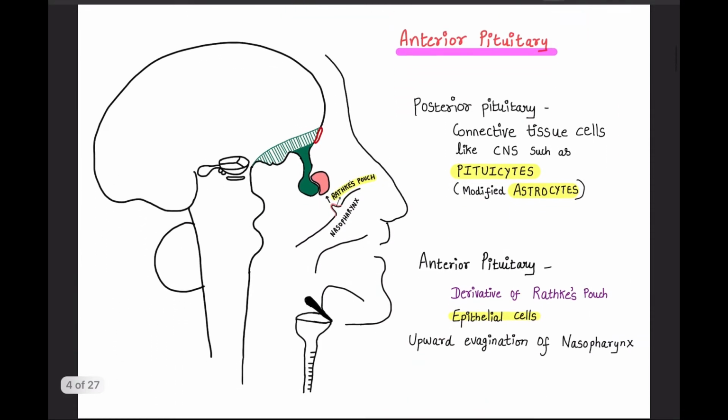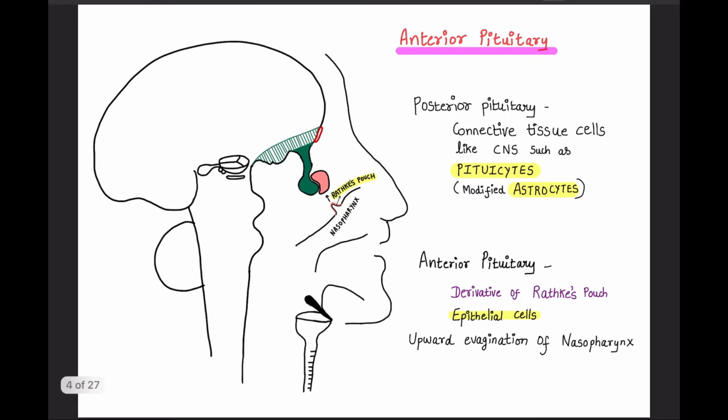And how about the anterior pituitary? The anterior pituitary is derived from Rathke's pouch. So where exactly do you see this Rathke's pouch? In the nasopharynx. From the nasopharynx there is an upward evagination of the lining of the nasopharynx, and it forms a pouch.